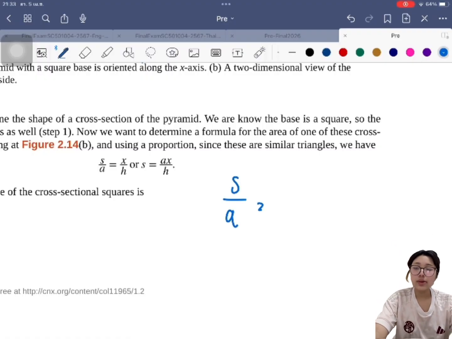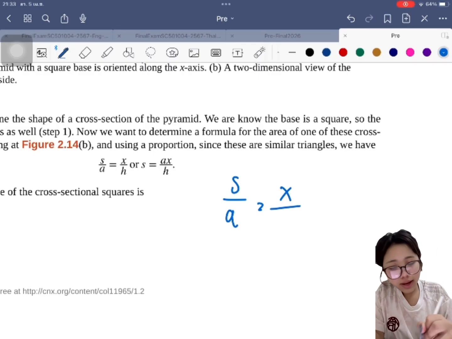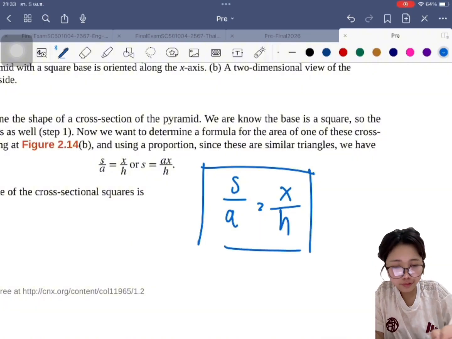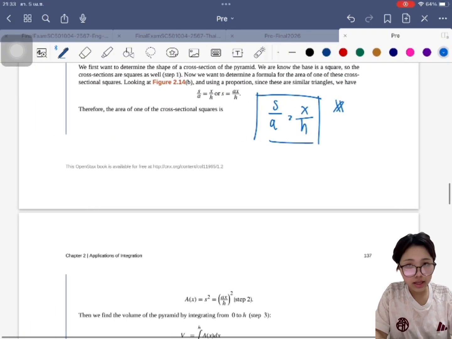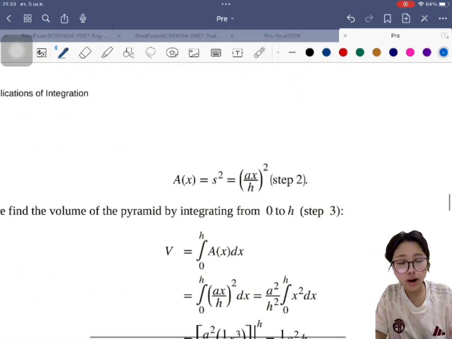The first equation is this: 2 pi x f(x). We focus on this. And the next important equation is 2 pi y dy.